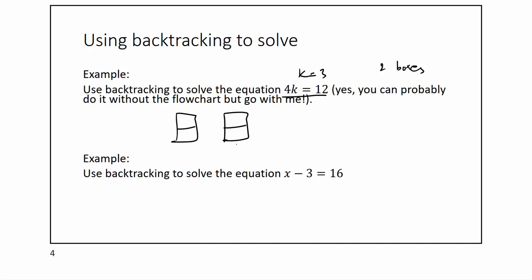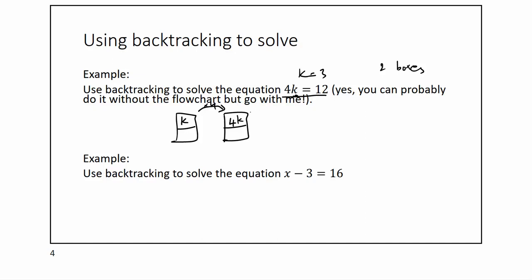Now we start putting in the things we know. All we do is start with the unknown. In this case, it's k, and we pop that in the box. Then we look at what happens to k to make it into the left-hand side, and it gets multiplied, so it's times by 4. That will give us 4k.